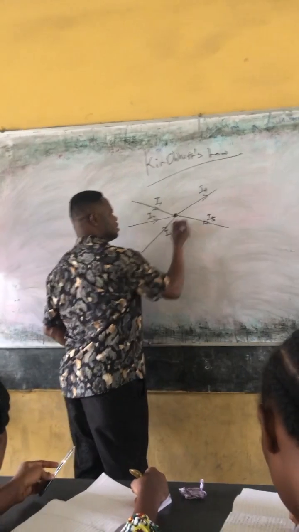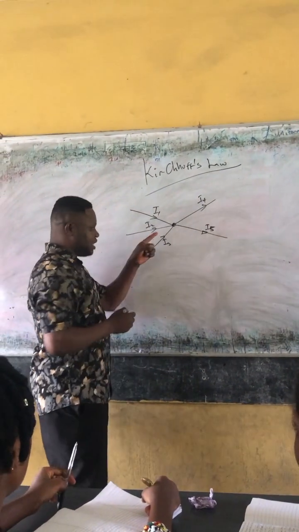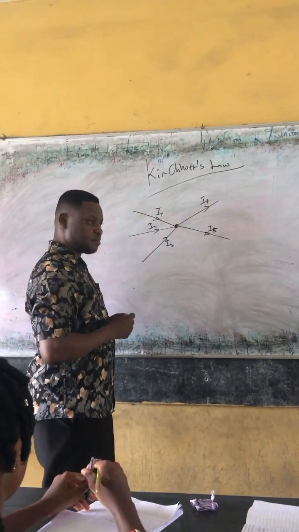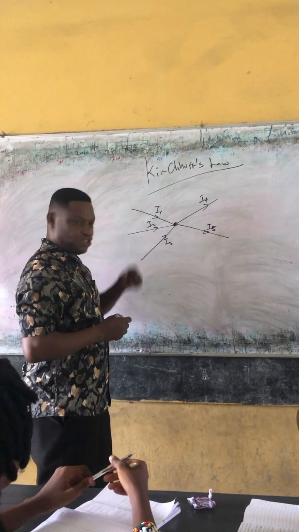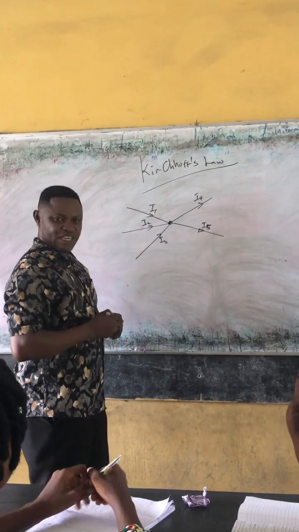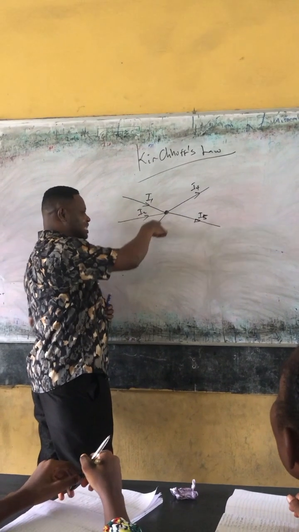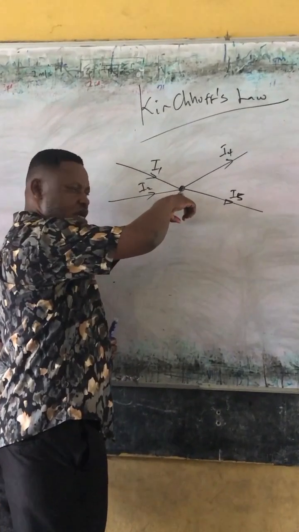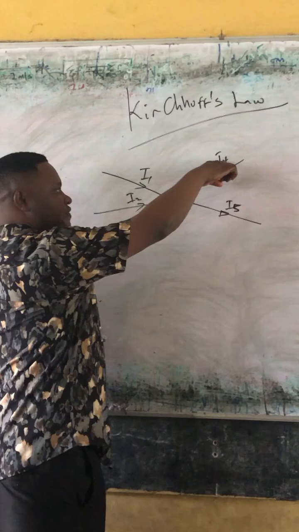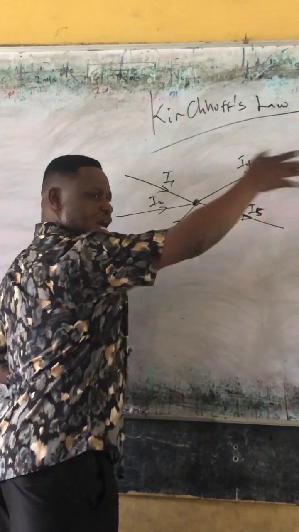Now, this is the node. How many currents are entering that node from what you can see? 3. How many currents are leaving? 2. The arrows show that I1, I2, and I3 are entering this junction, and I4 and I5 are leaving the junction.